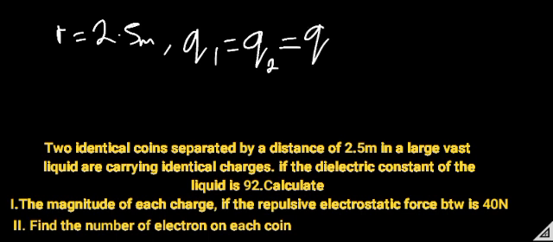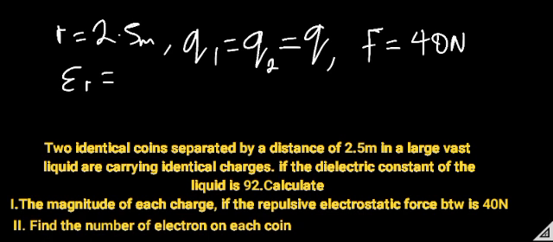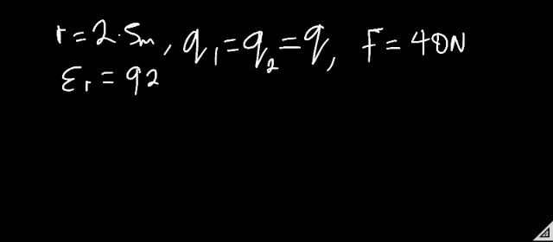Now calculate the magnitude of each charge if the repulsive electrostatic force between them is F equal to 40 Newton, and they gave us a dielectric constant ER to be equal to 92.